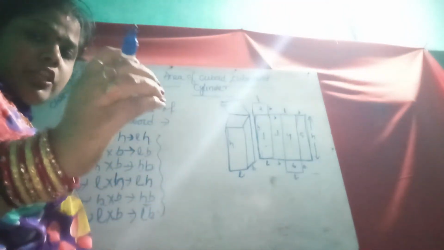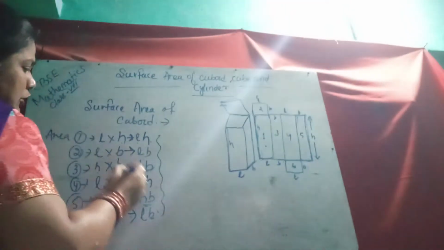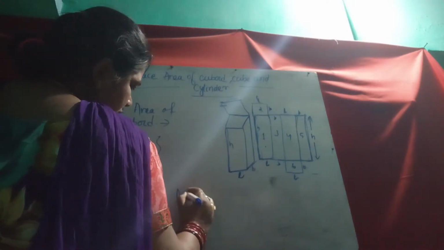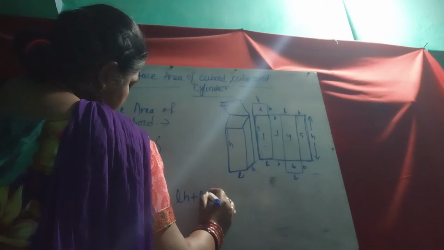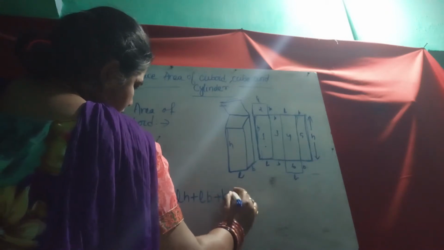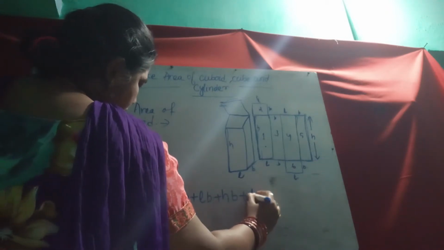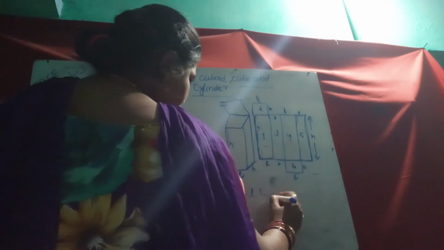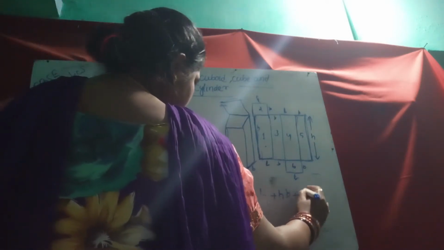So we add the area of 6 faces to get the formula for the surface area of a cuboid. So we add LH plus LB plus HB plus again LH, then HB, then LB.